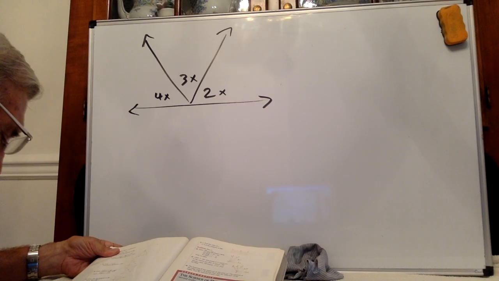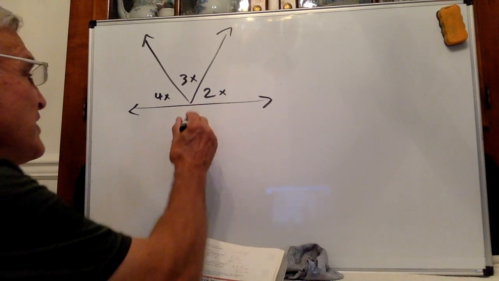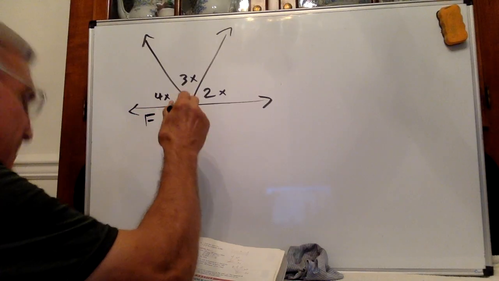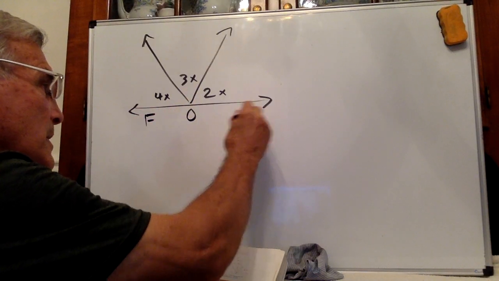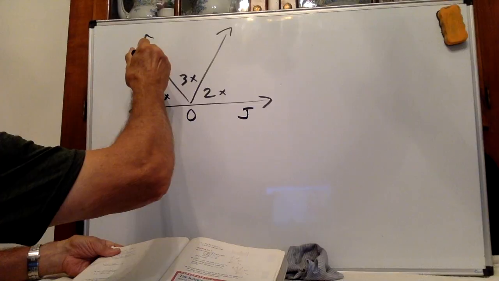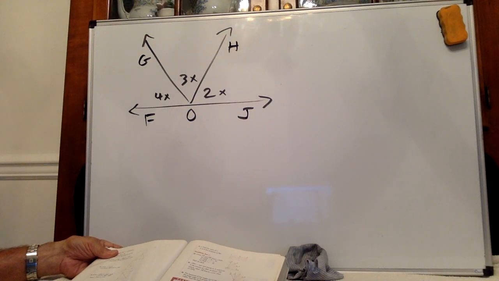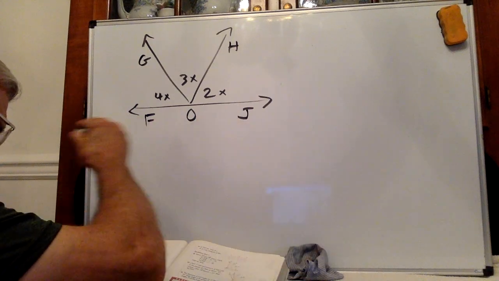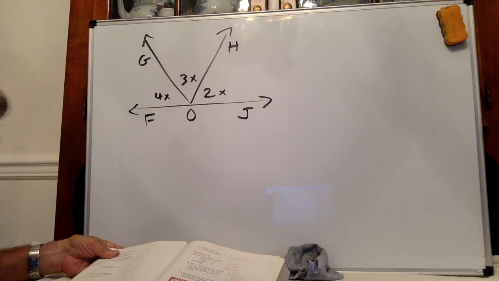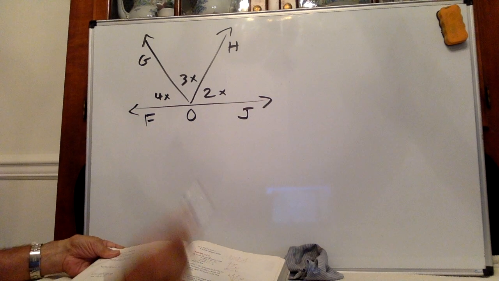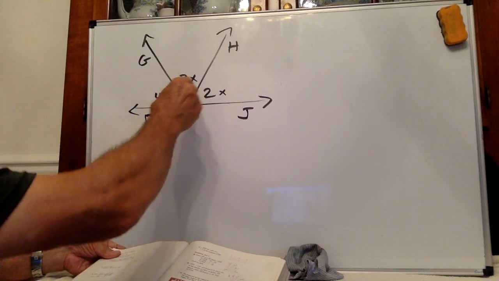And in 18, they told you that this was F, J, G, and H. They told you that rays OG and OH cut the straight angle. They gave you that angle FOJ was a straight angle. This is a straight line. And they cut it into 3 parts with a ratio of 4 to 3x, 4x, 3x, and 2x.